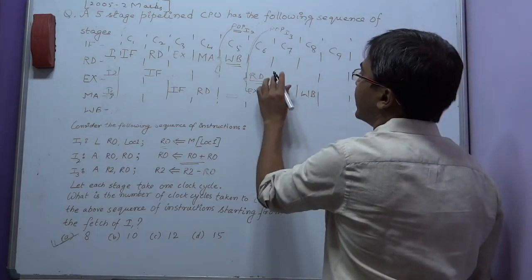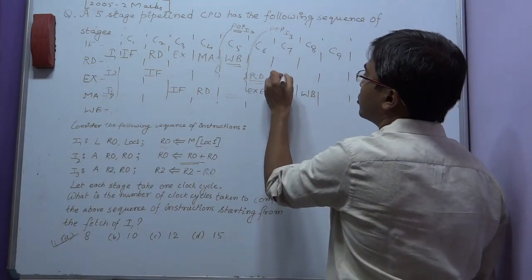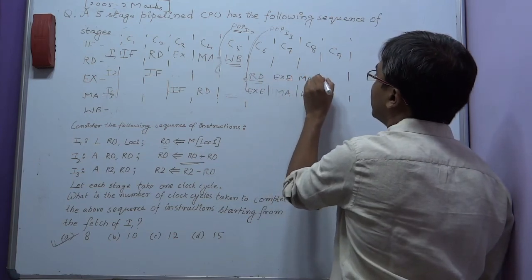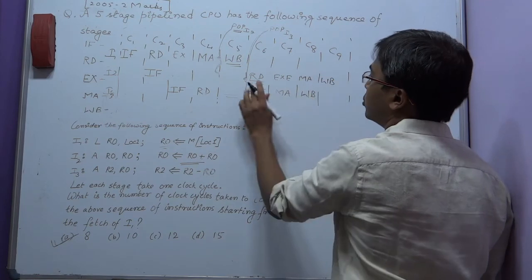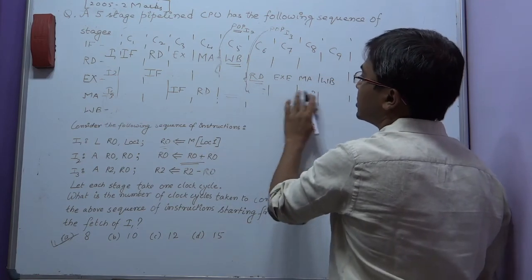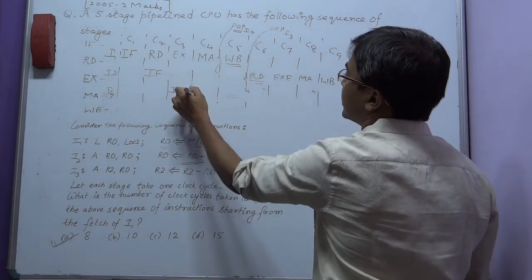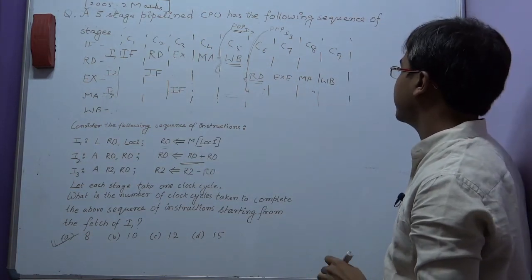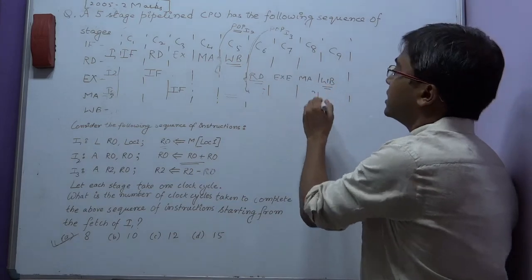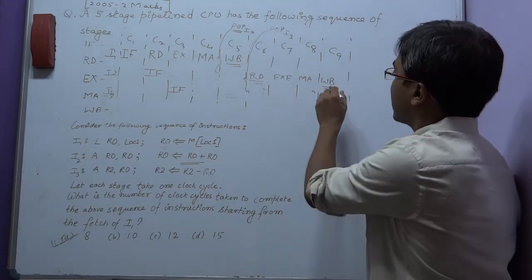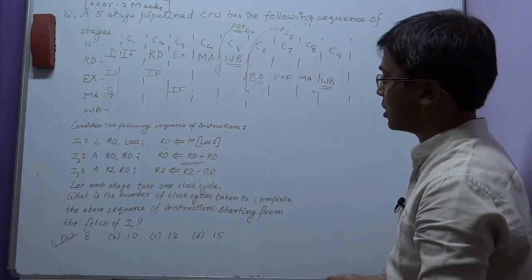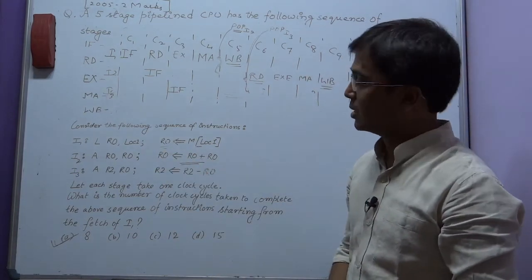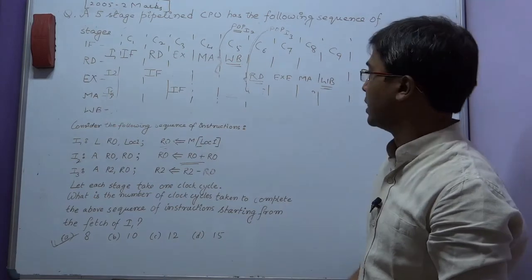So RD would occur here, followed by the execution stage, followed by memory access, and followed by the write back stage of I2. With a similar explanation, I3's register read can occur only after the write back stage of I2, because after the write back stage of I2, the new value of R0 would have got written in R0 by I2.